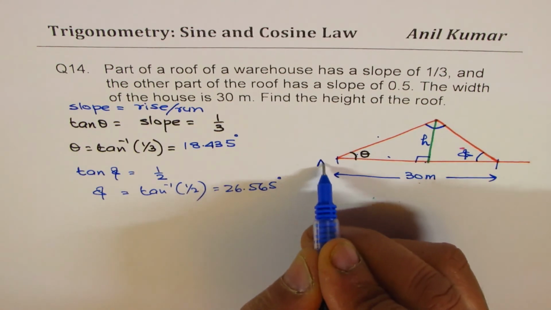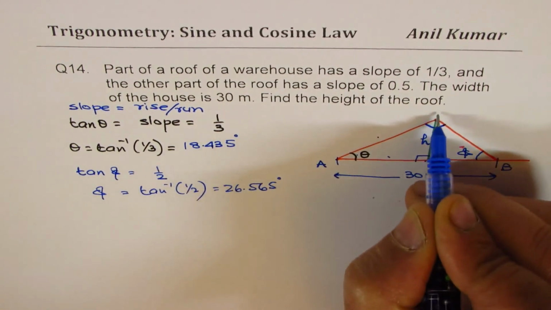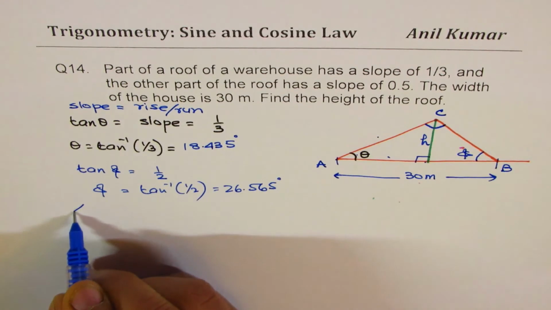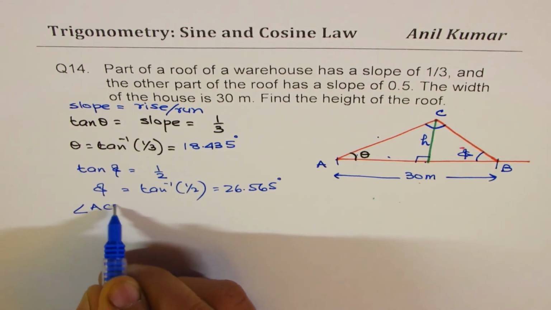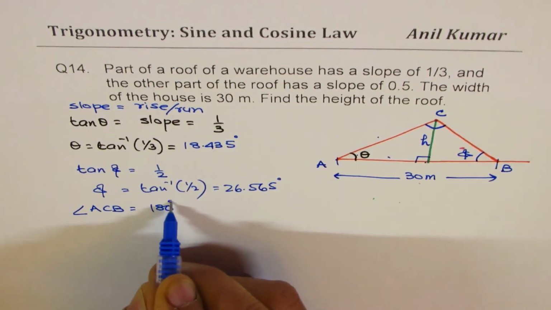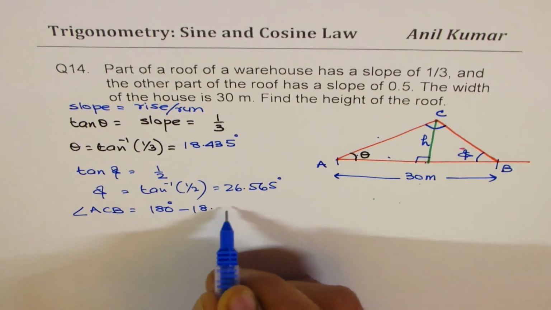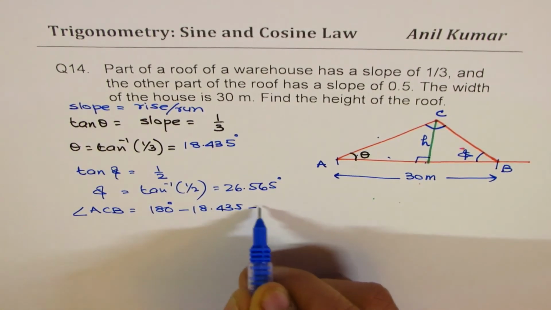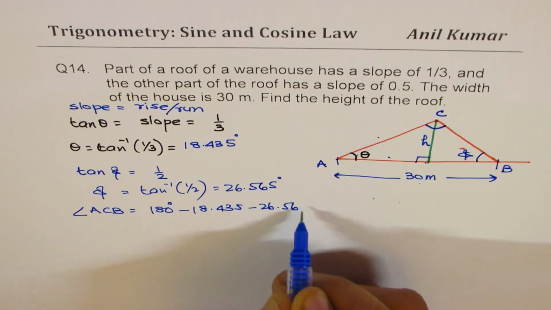So let me name this as A, B, and C. Then angle ACB will be 180 degrees take away 18.435, take away 26.565.